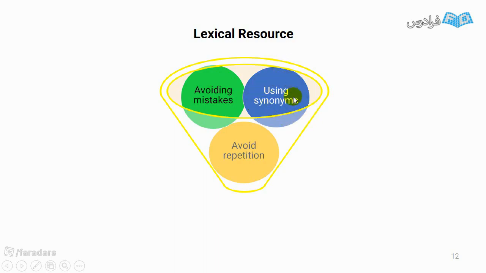Using synonyms. This is the simplest way, but the most useful one. And avoid repetition. Try to use different forms of words. It makes it easier for you to have a larger range of vocabulary. Then you will be given a higher score.